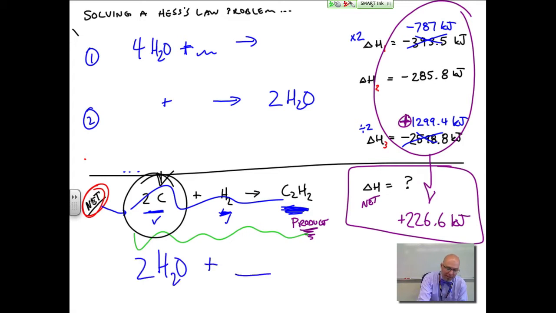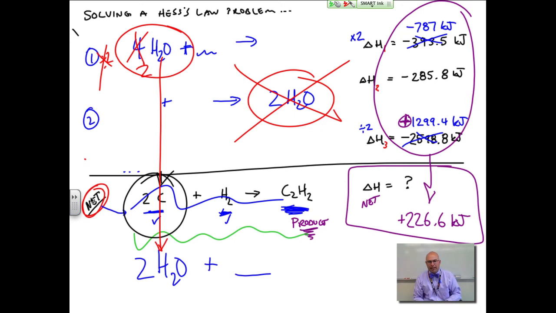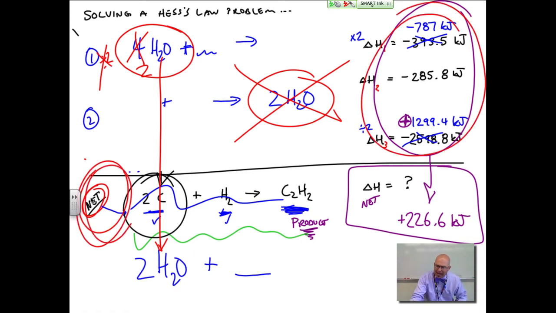You don't need to divide this by 2, because if you have 4 on this side and 2 on this side, it cancels 2 of them, which is what you would have needed. I hope we understand that. The examples we'll use and we'll practice, but realistically, you're just looking at your net equation, making that happen, and then adding up your delta H's. That's Hess's law in action.